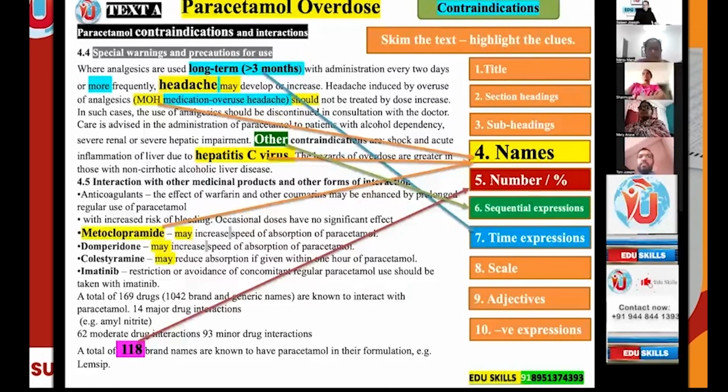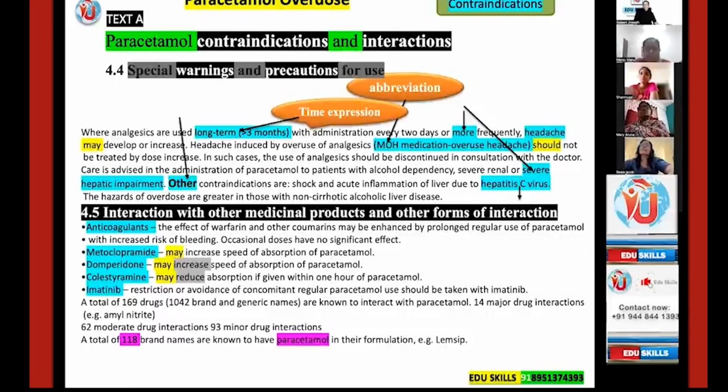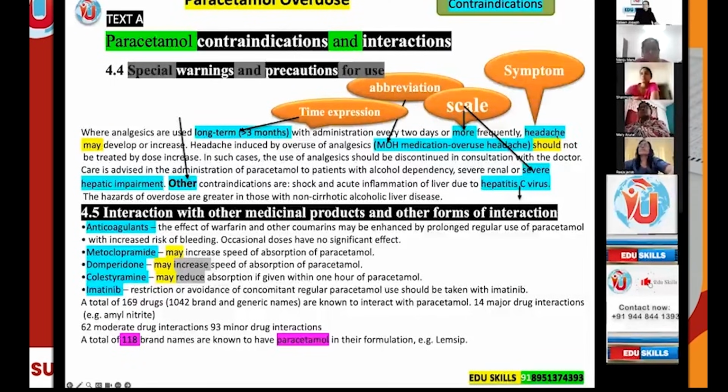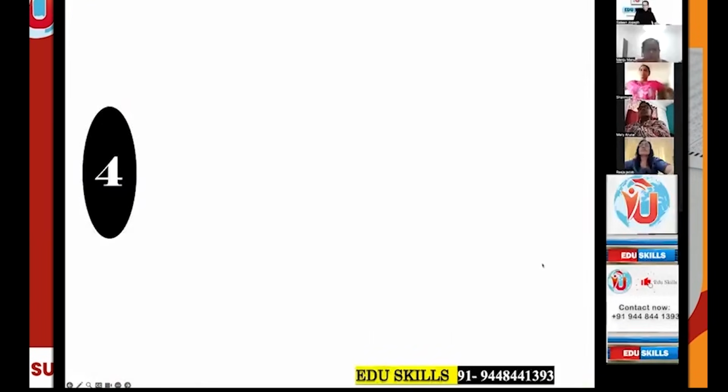These are the answers. So you have the clues here: title, section, subheading, name, number, sequential expression, time expressions. Again check abbreviation, time expression, and symptom, headache, and the name of a viral condition, hepatitis C, and you have the name of a medicine, a number, then the sequential expression, the other.